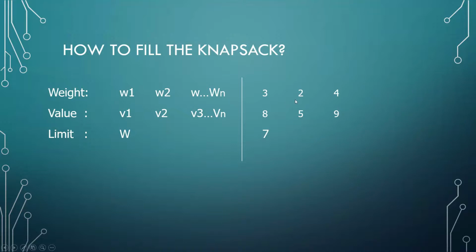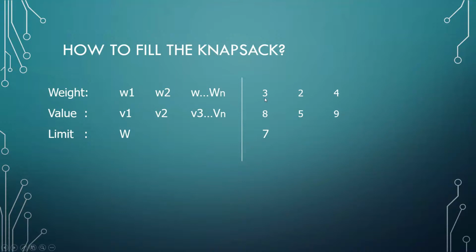Now let us take a look at what other ways we can fill up the bag. If we take the second and third items, 2 and 4, the weight adds up to 6... no, rather the combination exceeds the limit in this case, so we cannot put these two inside the bag. What is another option?